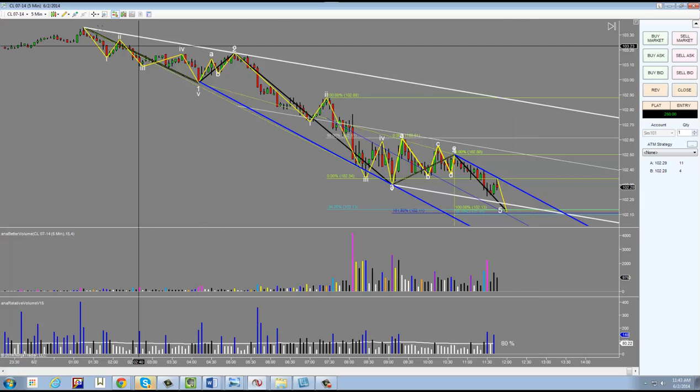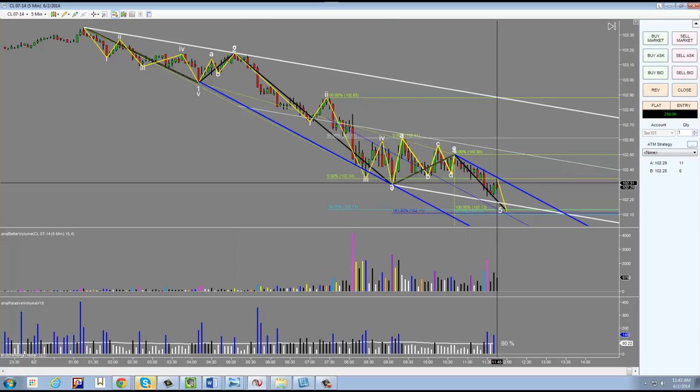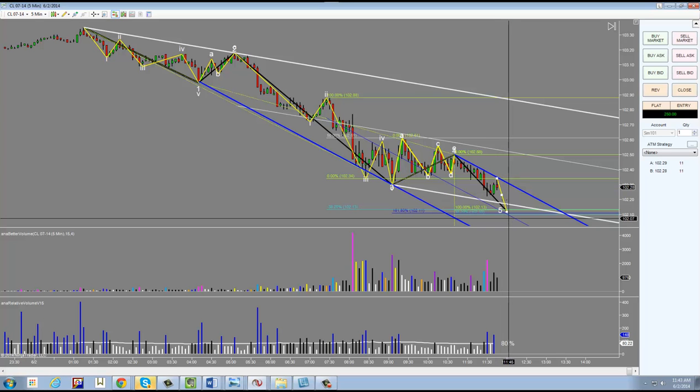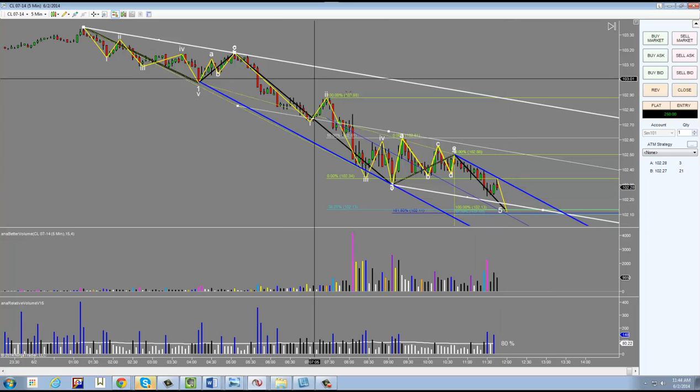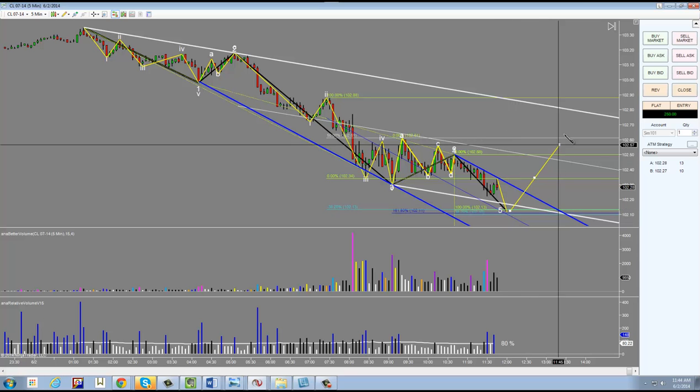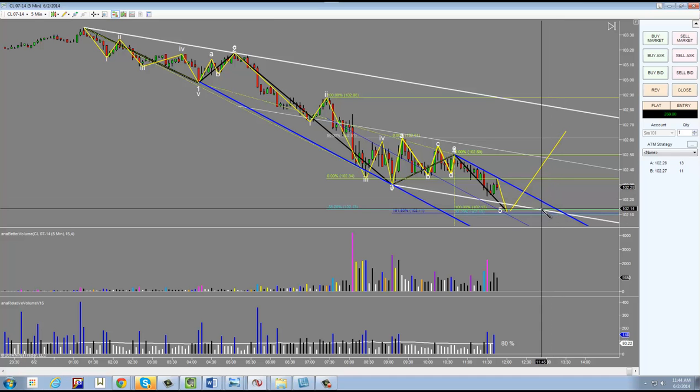I have from 0 to 2 connected down to wave 3 for a potential end to the fifth wave. So I would like to see us overthrow this white downward sloping trend channel and then hit this Fibonacci confluence zone for the projection for wave 5, and then see a very strong move out of this.